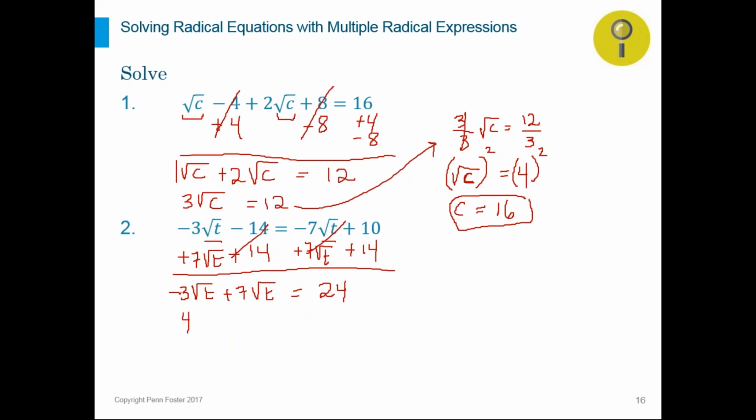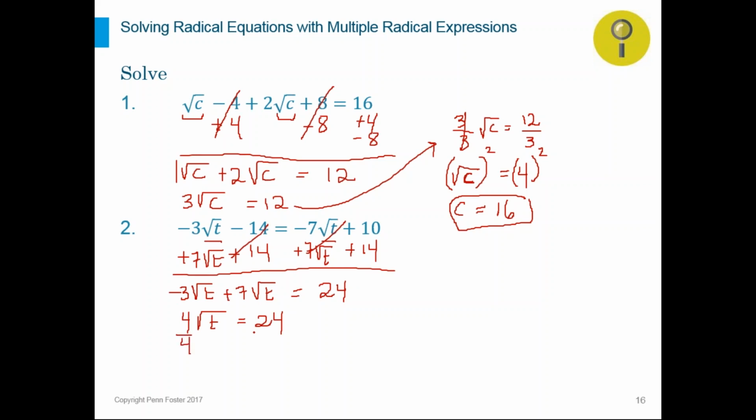Remember, when one is a negative number and the other one is a positive number, then we have to subtract. The answer has to have the sign of the bigger value. 7 is positive, so our answer is positive 4. 4 times the square root of t equals 24. And then I need to isolate the radical.